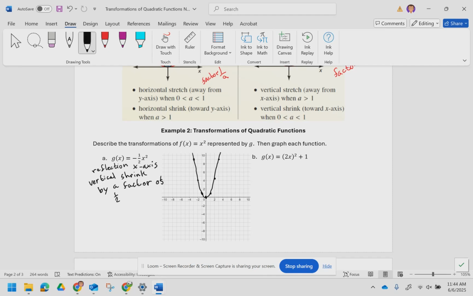Okay, so there we have. It does not want to change colors for me, so we're going to go ahead and do that one in red. First, if I reflect this off of the x-axis, it's still in the same place.